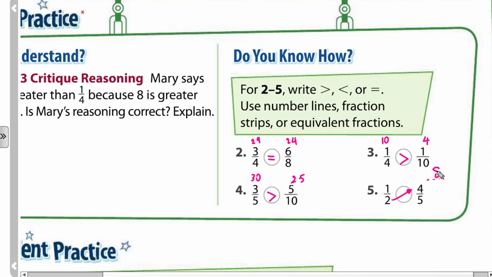Okay, continue. 8. And? 5 multiplied by 1. 5. So 5 is less than the winner, 8. So 4/5 is the greater. Okay, thank you. Great work, my hero.